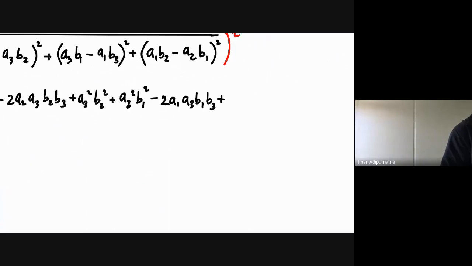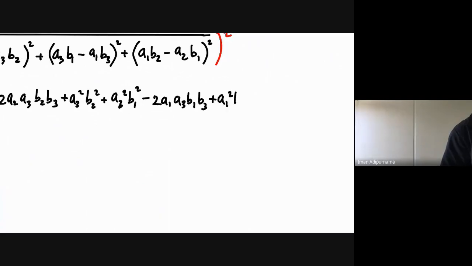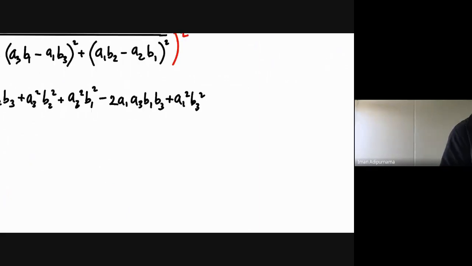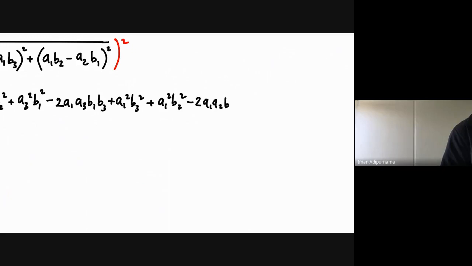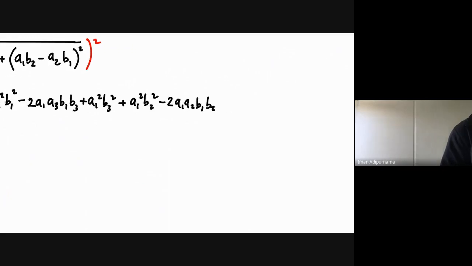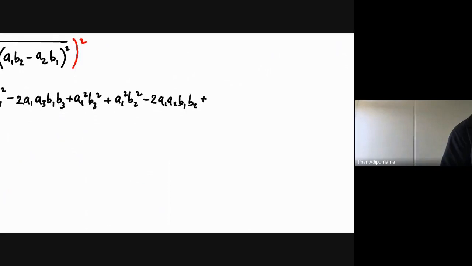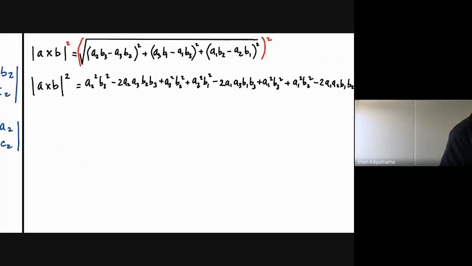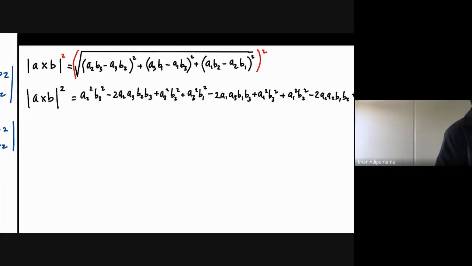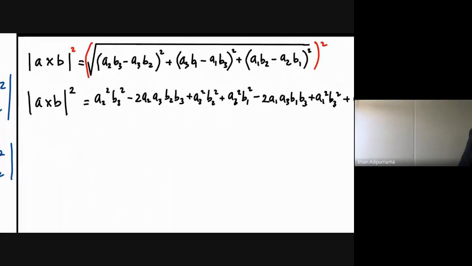And then plus. And then plus. It's a little bit long. So we have this long chain of the product from the squared form.